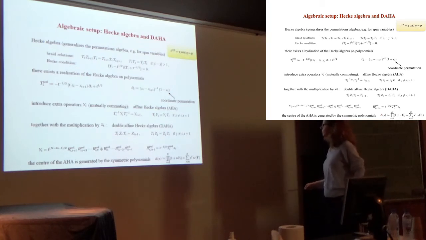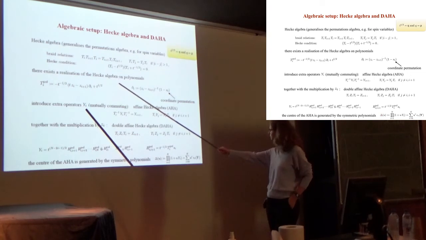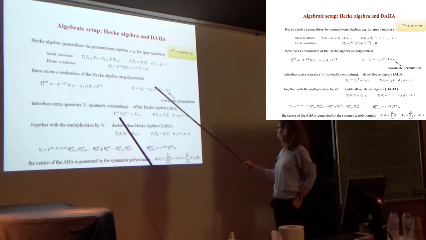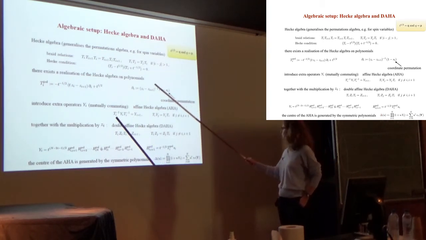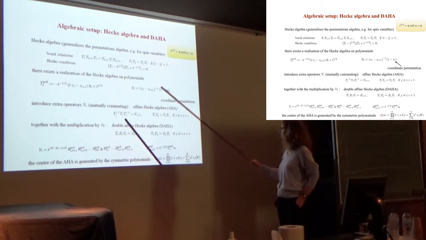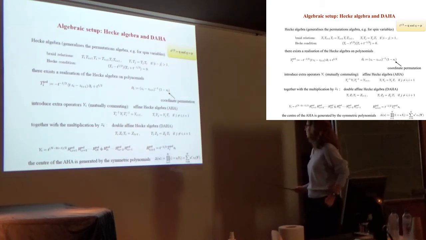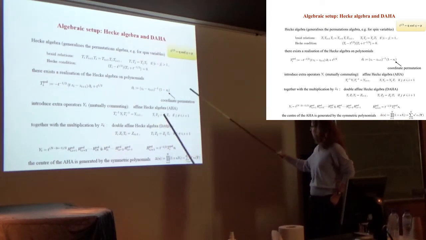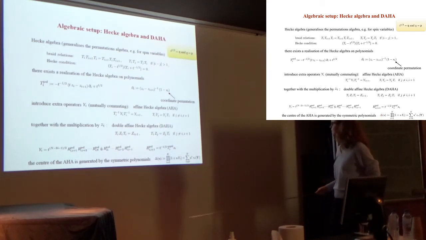And then one introduces some operators, Y, which are mutually commuting, and which obey this affine Hecke algebra relations with the Hecke generators. So there is a relation to pass from Y to the next one, and then T acts trivially on the generators which are far away from it.